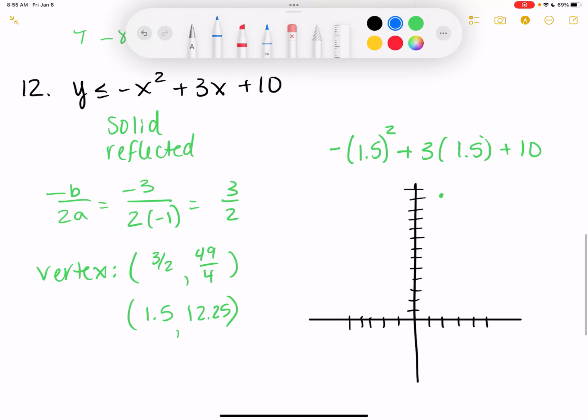I plug in 0 to the original, so everything goes away except for the 10. So at 0, 10, I have a point. That's 1.5 away from my axis of symmetry. Actually, this dot needs to get moved. One second. So 1.5 away on the other side puts me at 3, 10. Now it's solid, so I just get to connect it like normal.